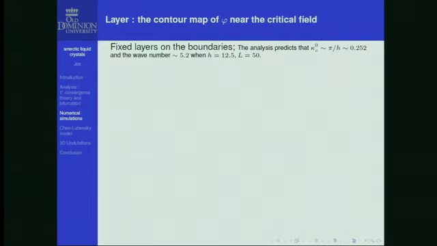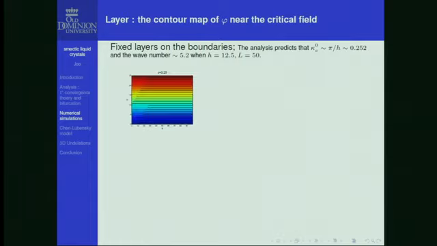In the analysis, we predicted the critical field to be pi with the Dirichlet boundary condition. In this case we have a larger domain instead of the unit domain, so the critical field becomes pi over the width. So this is at 0.25.